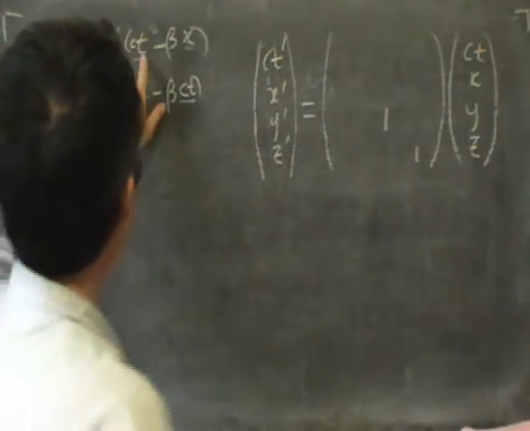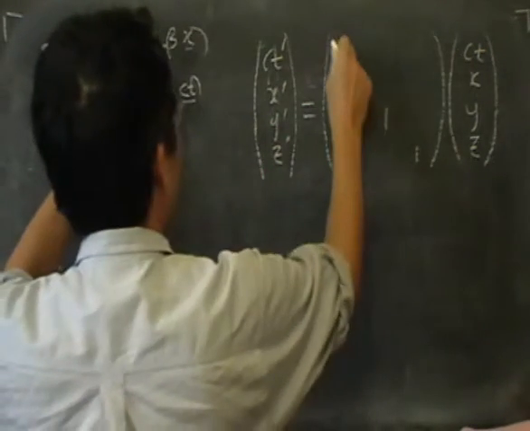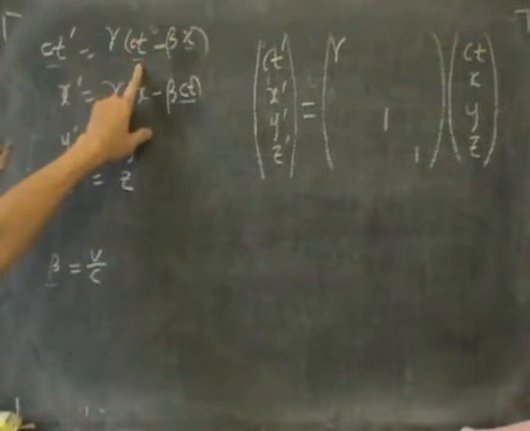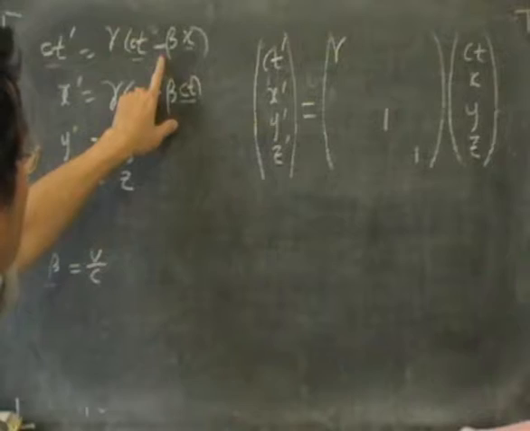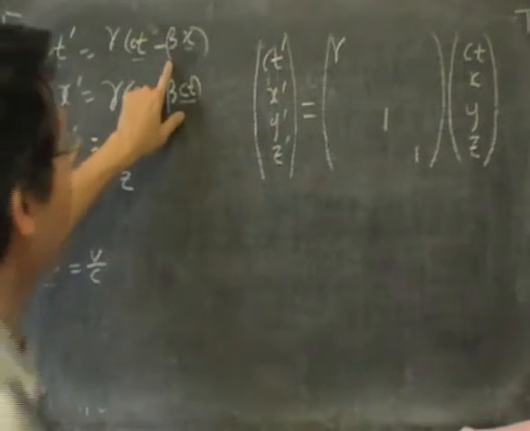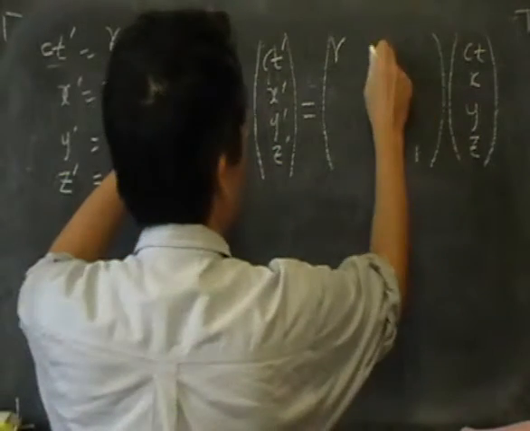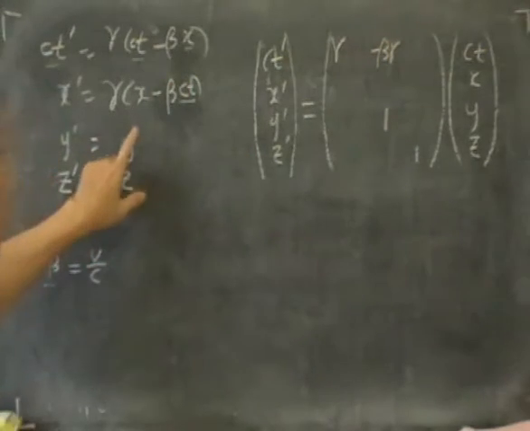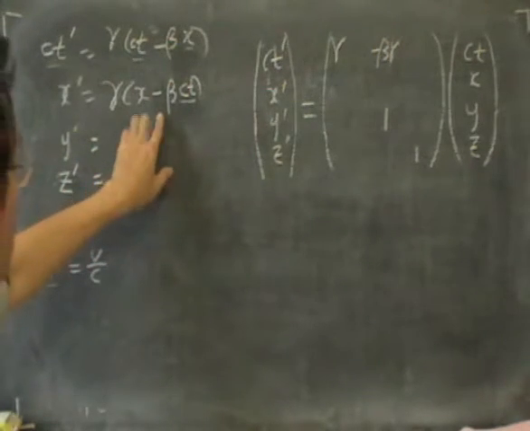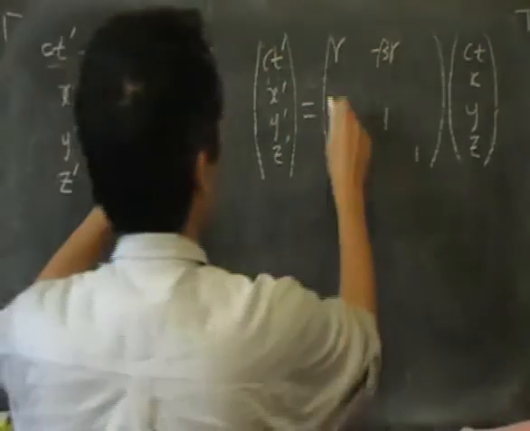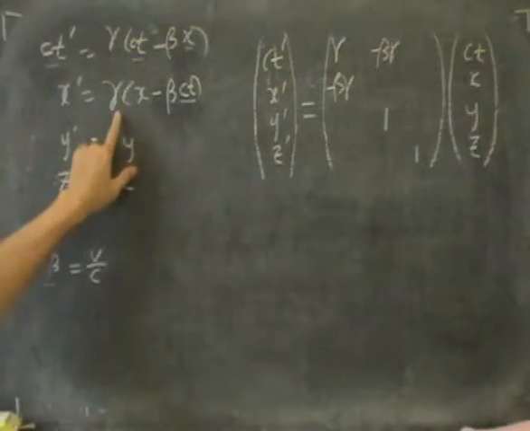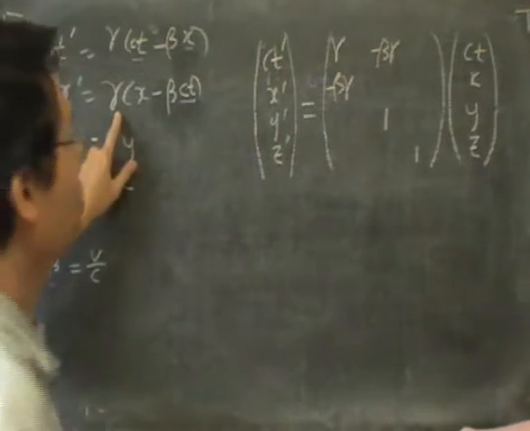Here we have a gamma for the ct, and we have a minus beta gamma for the x. Here I have a minus beta gamma for the ct and a gamma for the x.